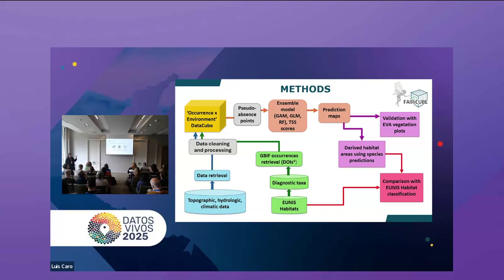So we then had prediction maps of all these 8 diagnostic species. And then we aggregated them to have derived habitat areas for our use case habitat. And then we also validated it with the EVA vegetation plots. And in the end, we compared our results with the EUNIS habitat probability map.